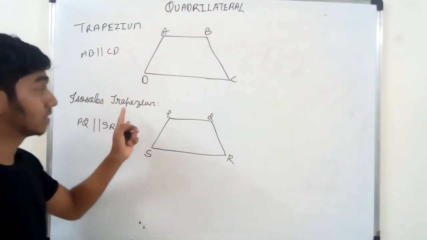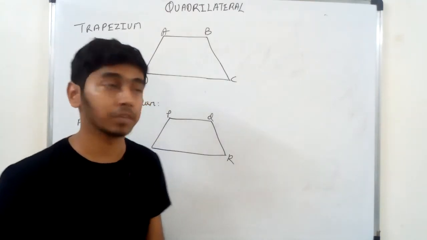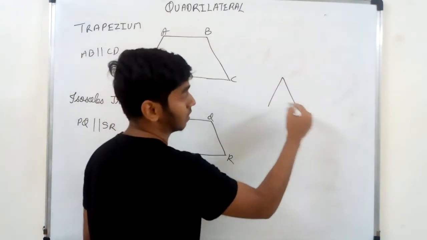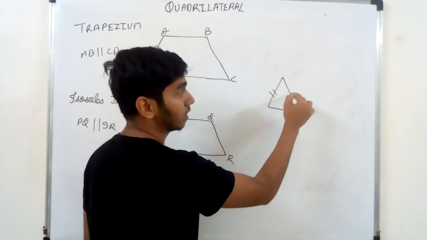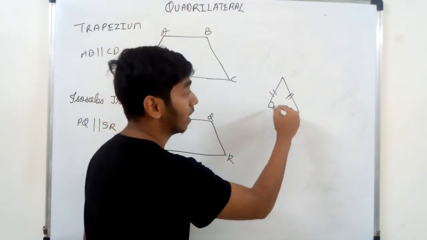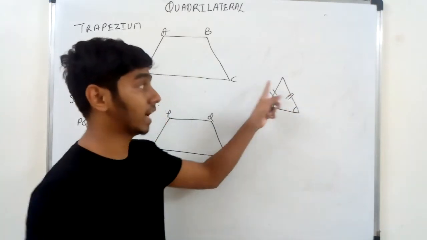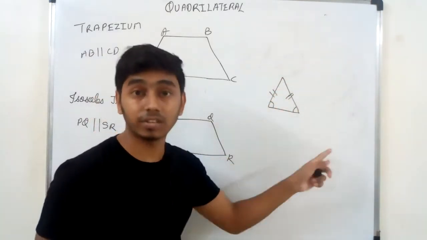But this is an isosceles trapezium. Now you know what is an isosceles triangle? Which is, these two angles opposite are congruent. If two sides are congruent, then angles are also congruent. So this is an isosceles triangle.